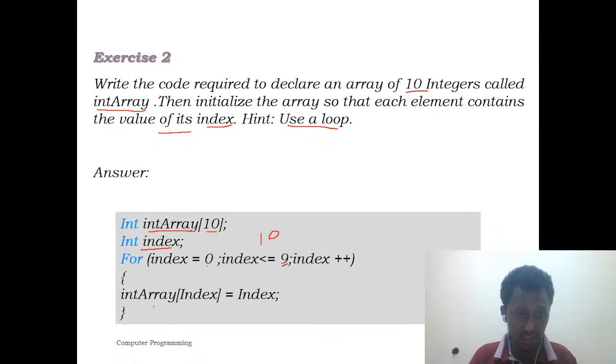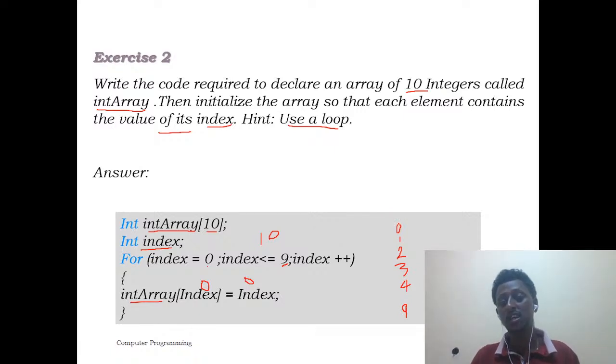inArray of index is equal to index. Yes, then in the array the indexes look like this: 0, 1, 2, 3, 4, up to what? Up to 9, because it includes 0.